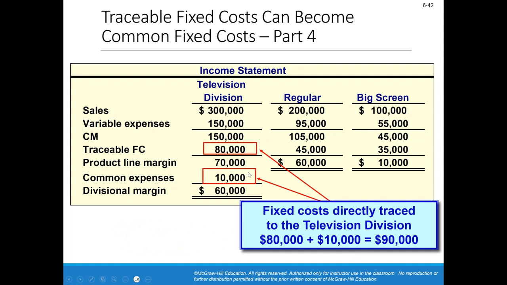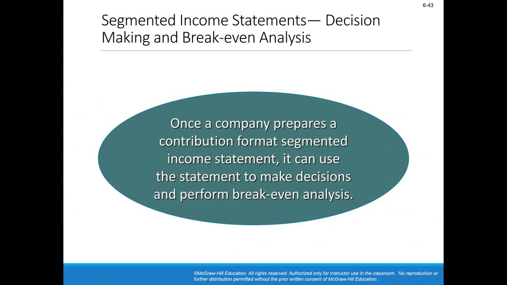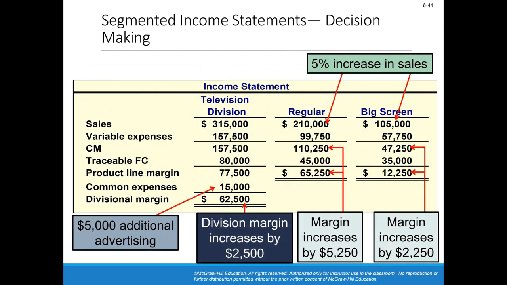But then we have common expenses that are shared between the regular and the big screen, and they're just in the television division, so they just work for the division, not for a particular regular or big screen. Once the company prepares a contribution margin format, it can use that to make decisions and perform break-even analysis.